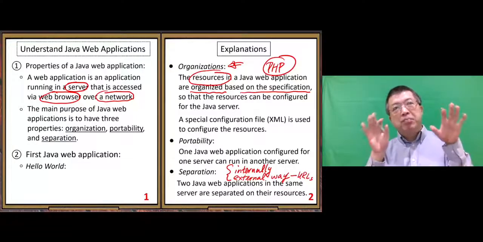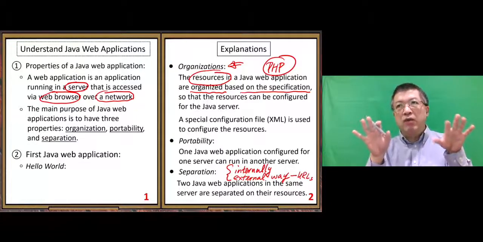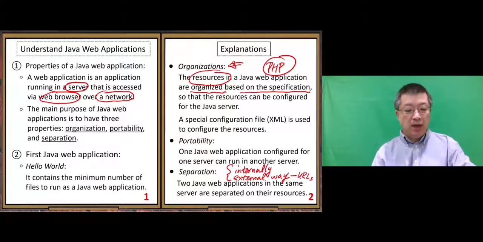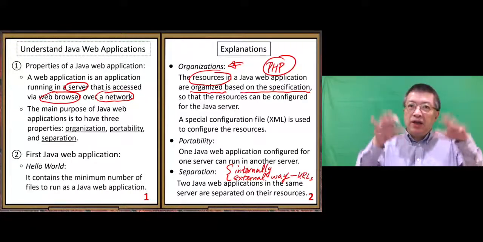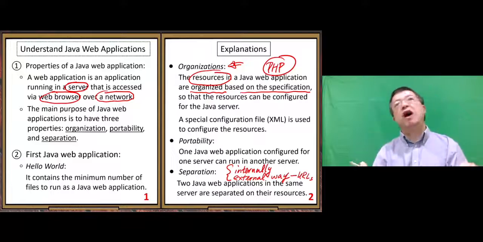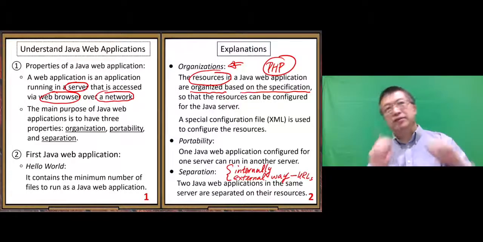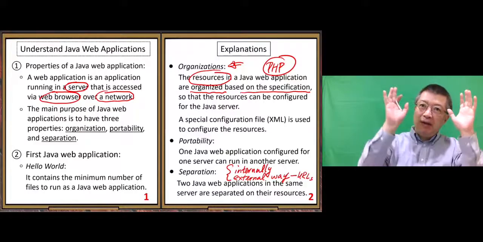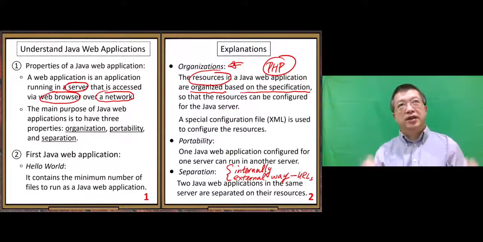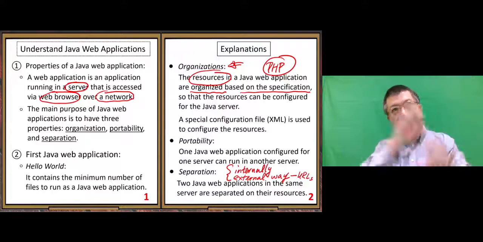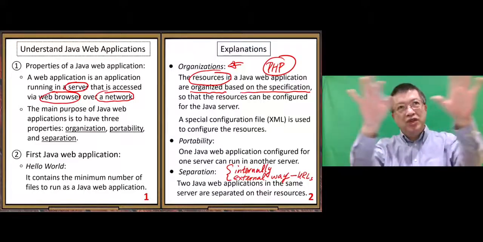But you need to do some preparation. You need to have some basic structure of a Java web application. This one contains the minimum number of files: the configuration file, your Java source file, and the structure, location, and specific folder arrangement.